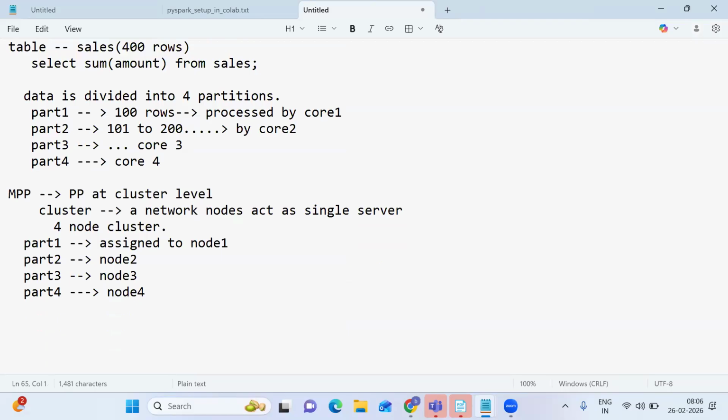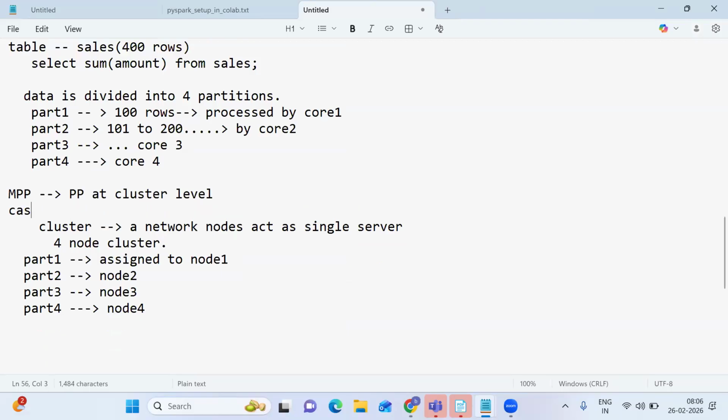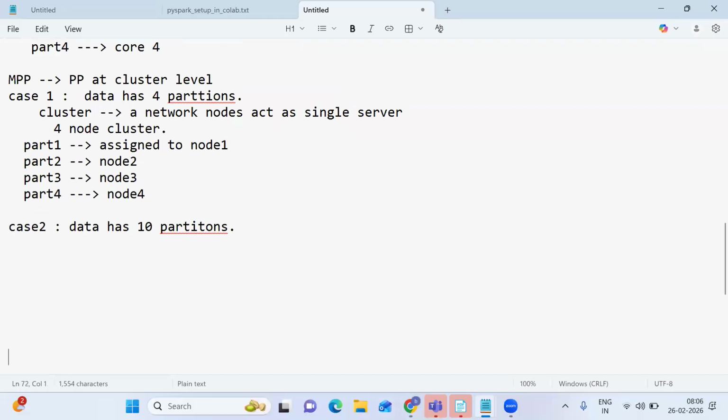Understand the point? For example, this is case 1: data has 4 partitions. Come to case 2: data has 10 partitions, but I have 4 nodes.